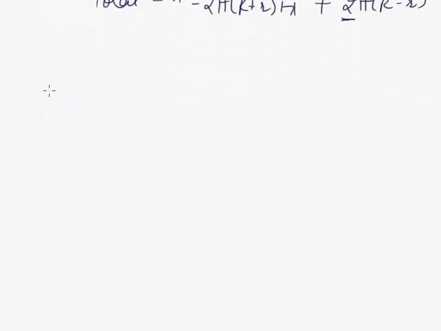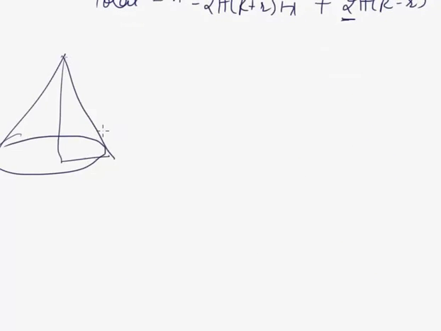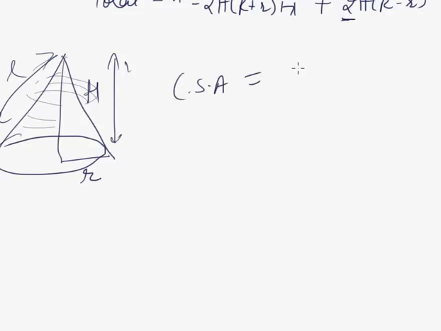Similarly, we can have the area of a right circular cone with height h, radius r and slant height l. If we are talking about this curved part only, involving this slant height l, then the curved surface area will be pi rl.